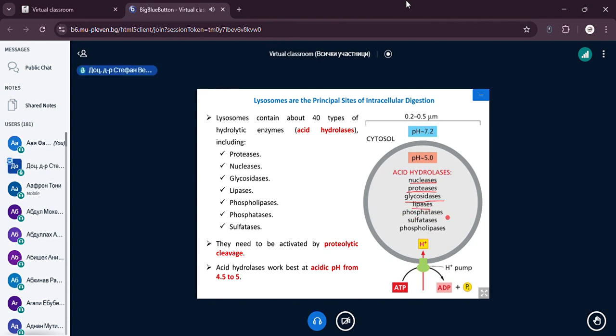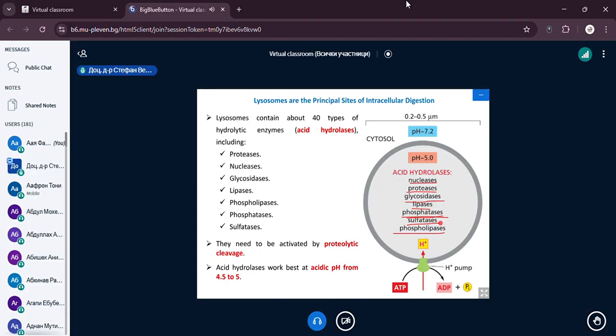Enzymes degrading lipids: lipases, phospholipases. Or modifying the chemicals, like enzymes eliminating phosphate groups. These are phosphatases. Enzymes removing sulfate groups from the surface of proteins and carbohydrates.